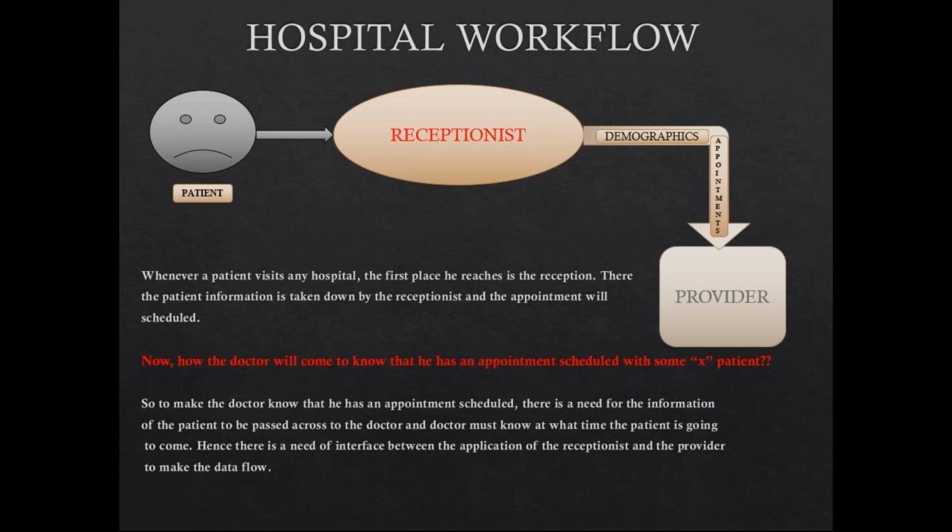Based on that, they will take all your details, whether your name, date of birth, gender, whether you have insurance, or some other basic details. These details pertaining to the registration of your record are called demographics.